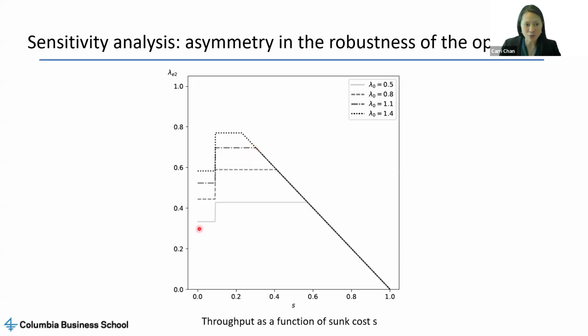So if we look at where these discontinuities happen, it turns out that they are non-increasing in that theta parameter. So what ends up happening is that this throughput is going to jump at the sunk cost when you go from just to the left of the discontinuity to just to the right of it.